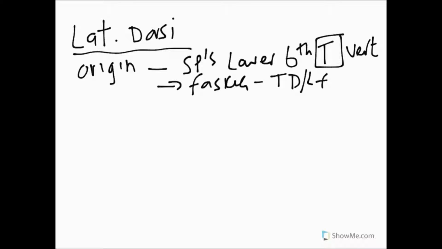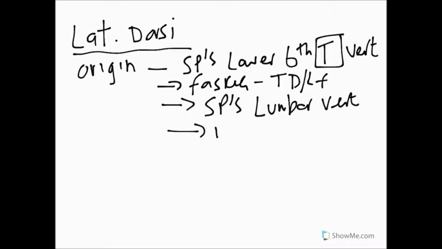And fascia for now can just mean to you guys connective tissue, surrounding connective tissue of the muscle compartments. That'll be fine for now. It also attaches to the spinous processes of the lumbar vertebrae as well, and also to the iliac crest of the pelvis too.